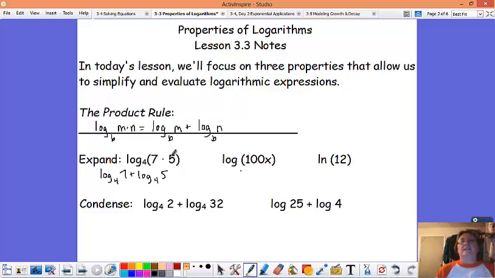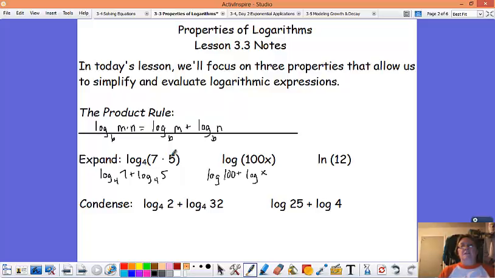So now we're looking at a common log. See, no base there, so this is base 10, but the log of 100x. This is a product, so the product rule applies, and we would break this one out this way: log base 10 of 100 plus the log base 10 of x.